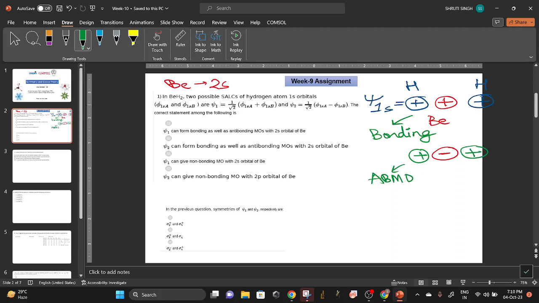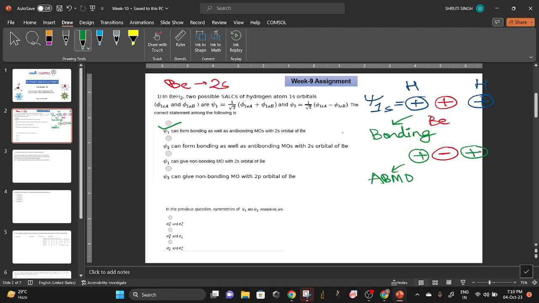So this psi1 can form both bonding and anti-bonding orbital depending upon the phase of this beryllium 2s orbital. So the answer is psi1 can form bonding as well as anti-bonding. Same goes for this also. Psi2 can also form bonding as well as anti-bonding with 2s.